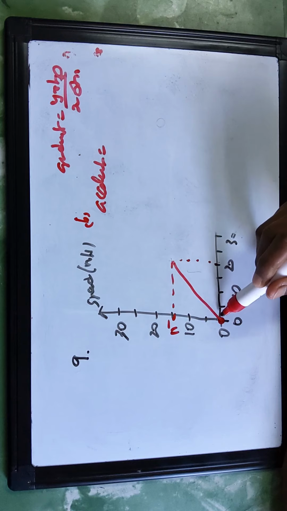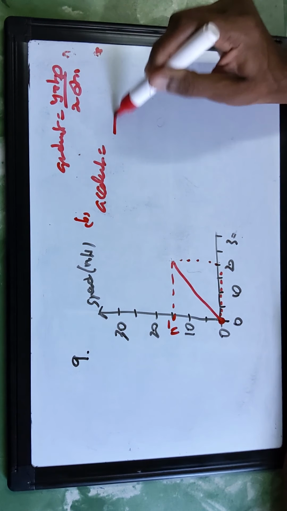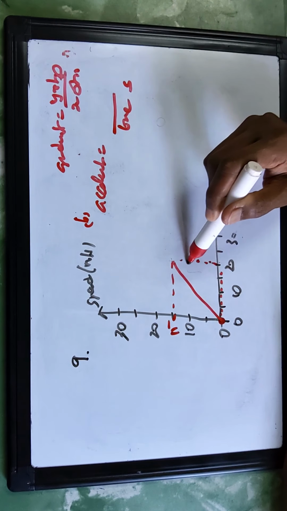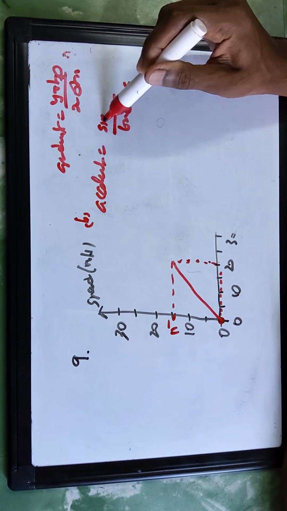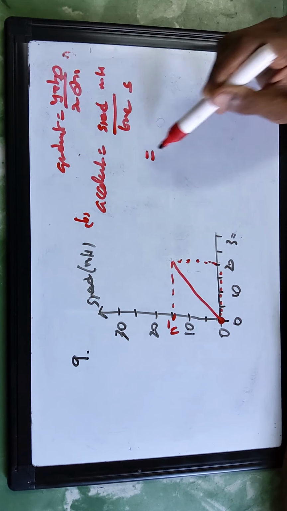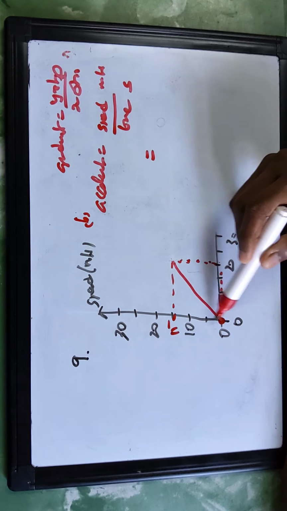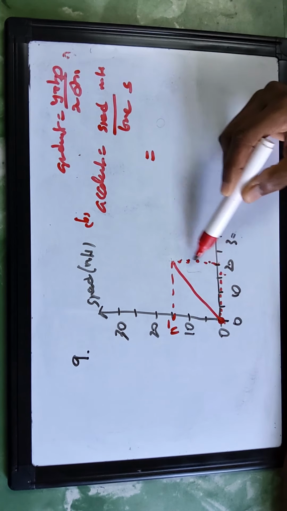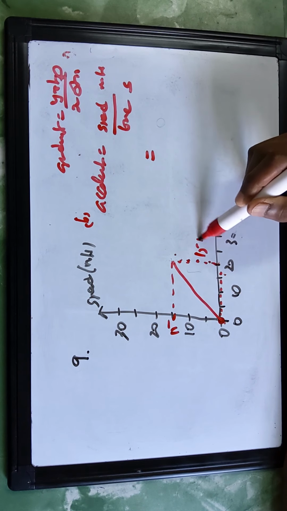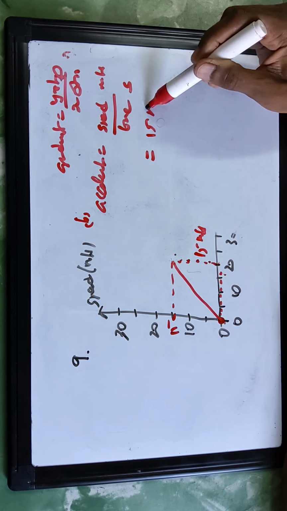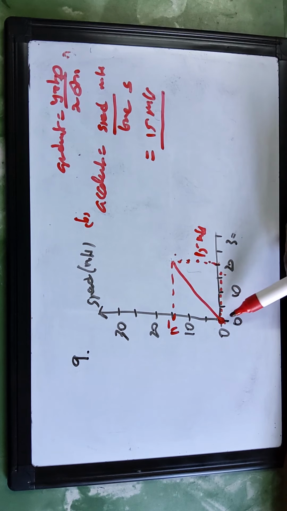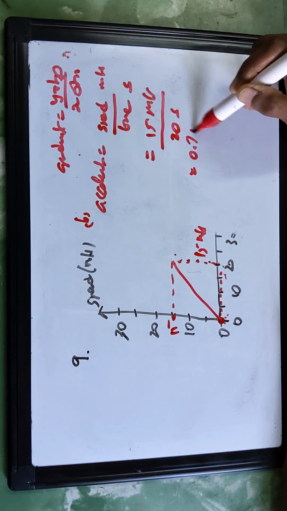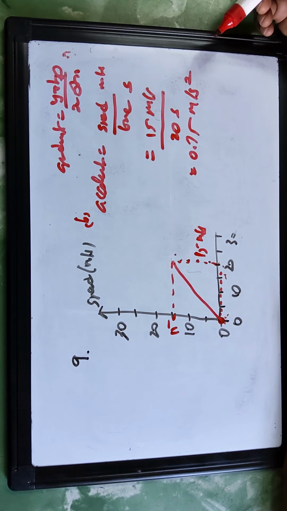Now the x step is the horizontal part, time, measured in seconds, and the vertical step, the y step, is the speed, measured in meters per second. If you look at the diagram, the change in speed when time changes from 0 to 20 is from 0 to 15. So this is the y step, 15 meters per second, divided by the change in time from 0 to 20, that's 20 seconds, giving 0.75 meters per second squared.